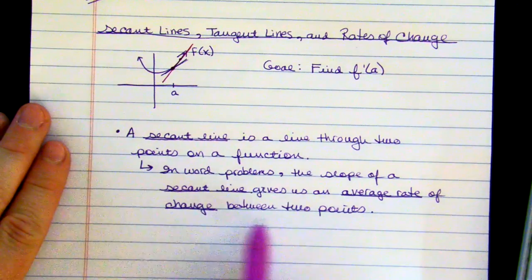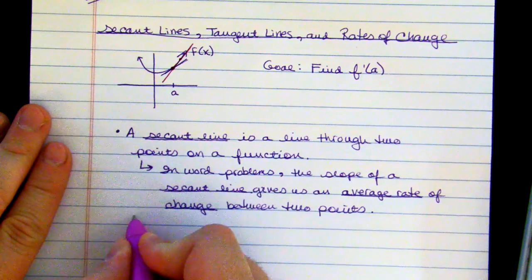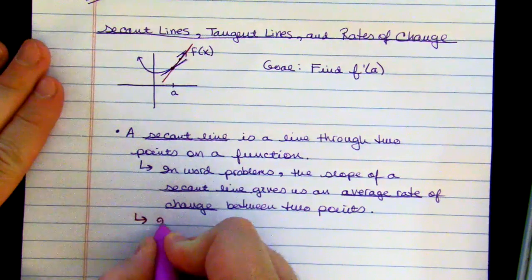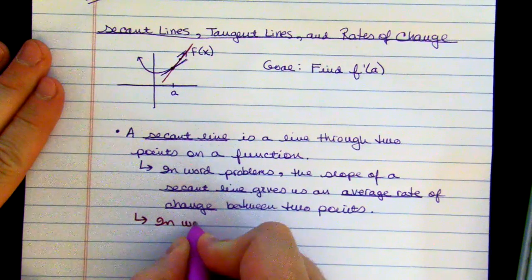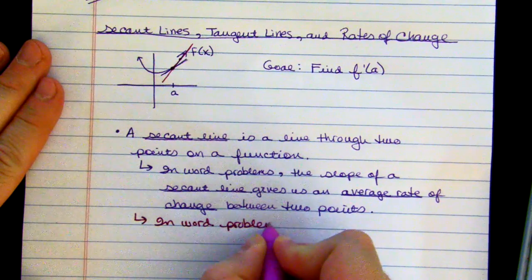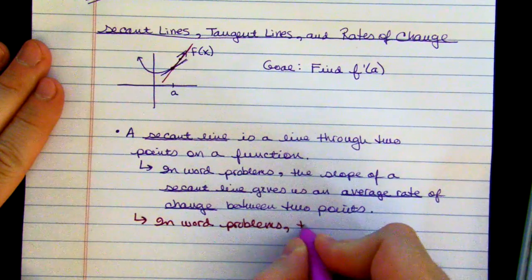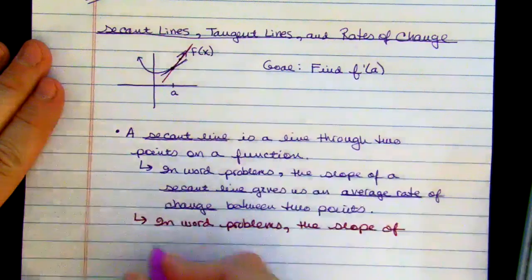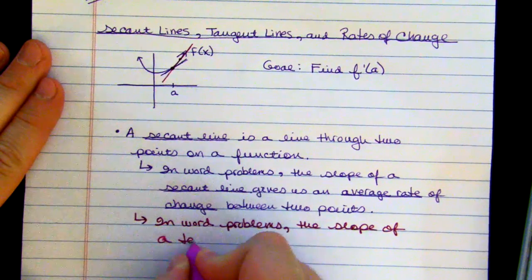In word problems, the slope of a secant line gives us an average rate of change between 2 points. And in word problems, the slope of a tangent line, so-called the derivative, gives us what we call an instantaneous rate of change at a single point.